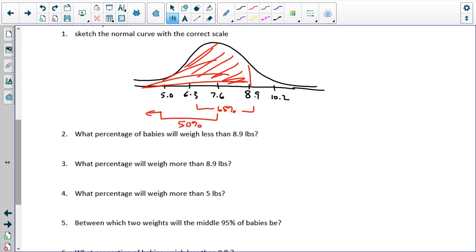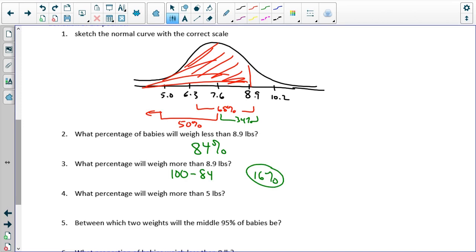So that's going to be 50% plus 34%. So that ends up being 84%. What percentage of babies will weigh more than 8.9 pounds? Well, that's going to be 100% minus 84% because the whole thing has to be 100%. So I get 16% for that problem.